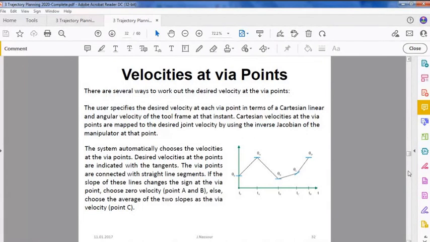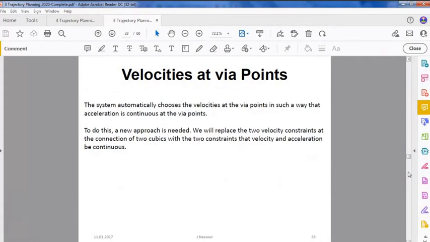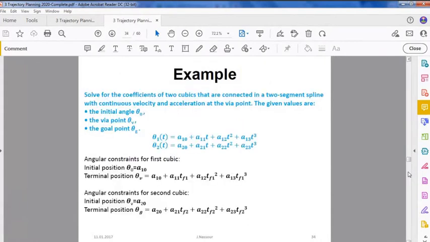Okay, we see the example. So it's a bit complicated, but it's not difficult. With a via point, that means you need to calculate twice. Before this, you calculate between 0 to goal, goal or final position.